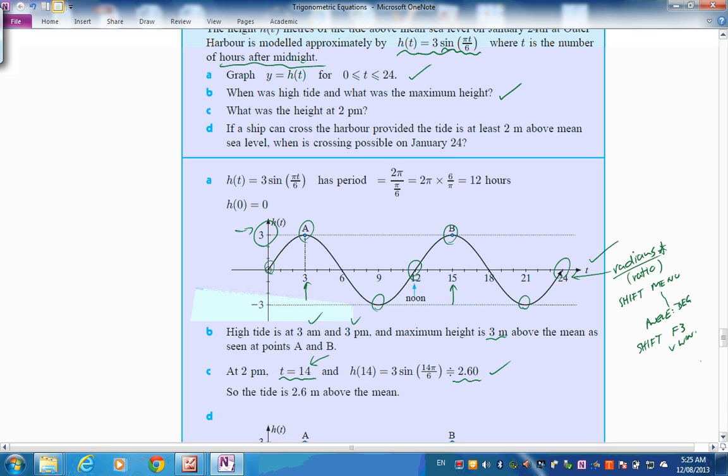Now, we could actually do a couple of things here. If we were asked for the exact answer, we would have to put 14 in our original function, and that's what they've done here. Well, that's not going to be the exact answer. We'd have to leave it in pies here.